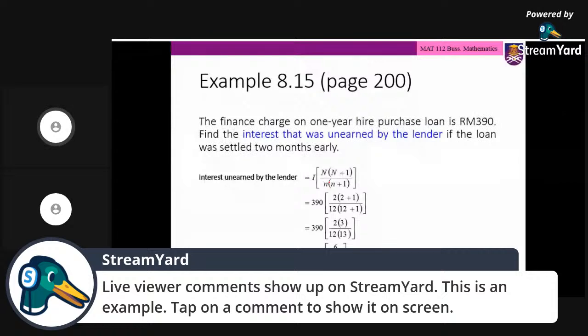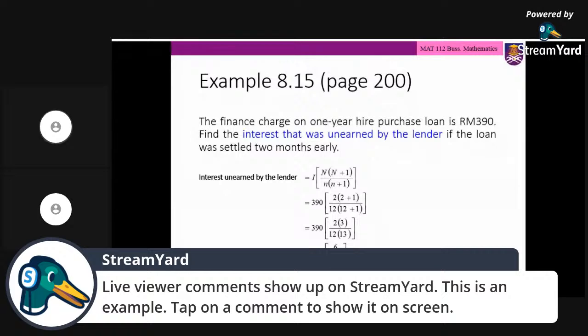How many payments were there originally? 12. So we substitute: I is 390 and big N is 2. 2 times 3 divided by 12 times 13. So you calculate, and the interest unearned by the lender is 15.